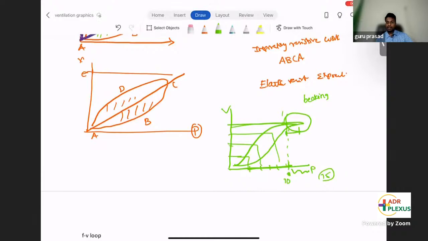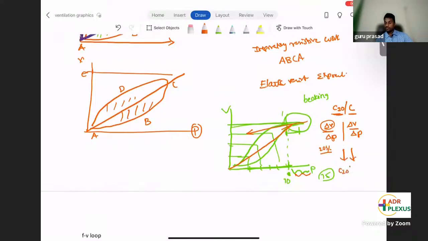The ventilator also gives this as a parameter known as C20/C, that is, compliance in the last 20% to the total compliance. Compliance means change in volume to change in pressure. So this is the compliance for this graph, and this is the compliance for this graph. If there is no change in volume for increasing pressure in the last 20% of the breath, then your C20/C ratio will decrease.